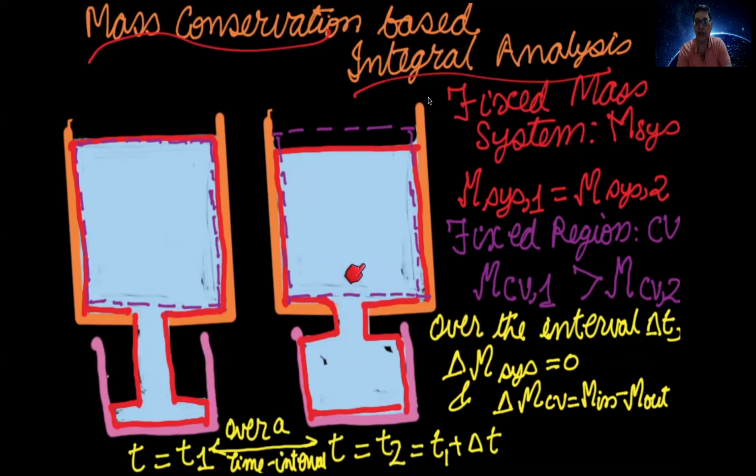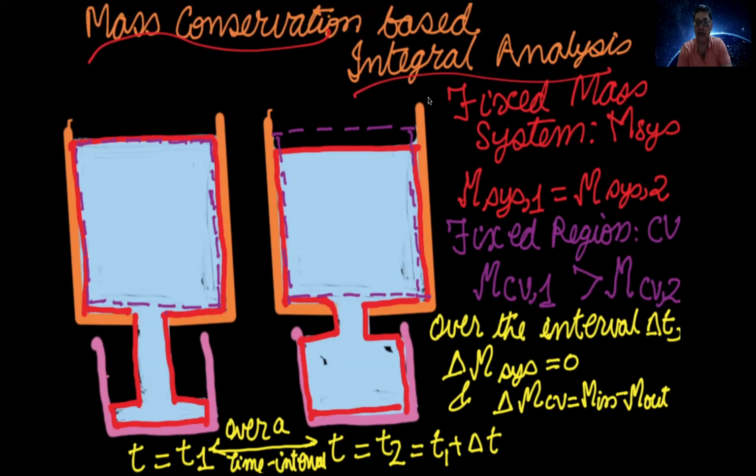So there is a reduction in the mass of the liquid, which is shown here as the mass of the control volume at 2 is less than the mass of the liquid at T1. So this is shown for mass conservation over a time interval delta T.